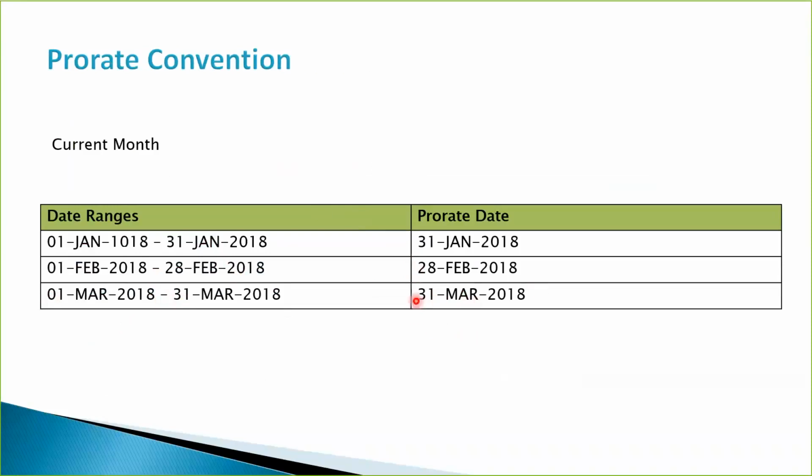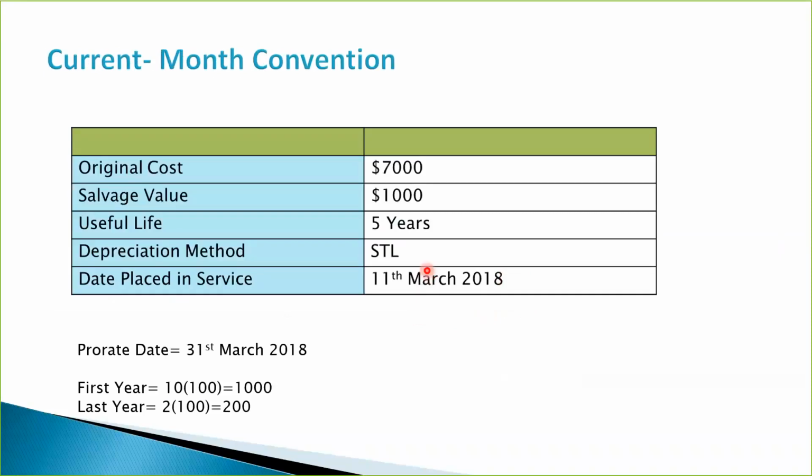Therefore, the system will know to start calculating depreciation from the month of March, because this date belongs to the month of March. And true to the name of the convention, March is that current date, the actual date when the asset was acquired or placed in service. So what will the calculations look like? The system will calculate depreciation starting March, from March through to all the periods in that financial year.